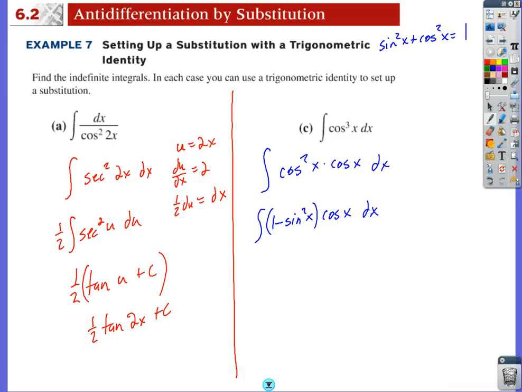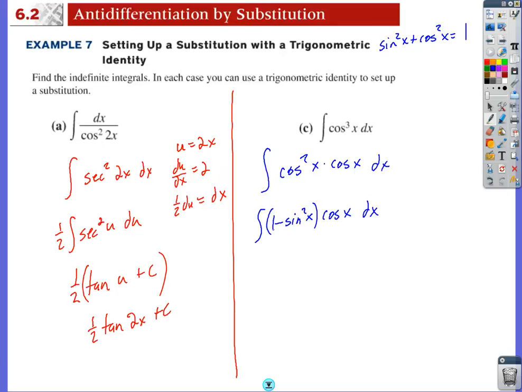But now what? And again, this is where it just takes practice and seeing things and trying to figure it out. If I let u be cosine, my derivative is going to be negative sine. That's really not going to help me because I have this 1 minus sine squared. Or I can let u be sine squared, but when I take the derivative it gets messy.